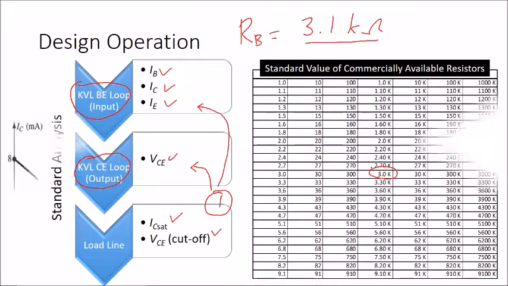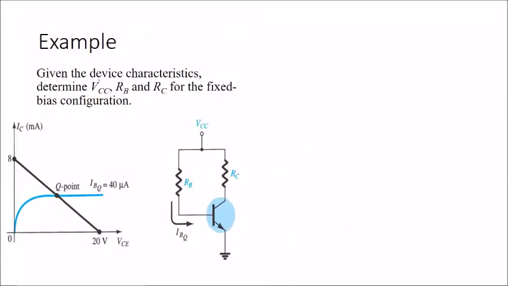For example, given the device characteristics, which are here, this is the device characteristic, or what we call the load line, determine the values of VCC, RB, and RC. As I mentioned before, usually we start from the load line. From the load line, we know that the value here is IC saturation.